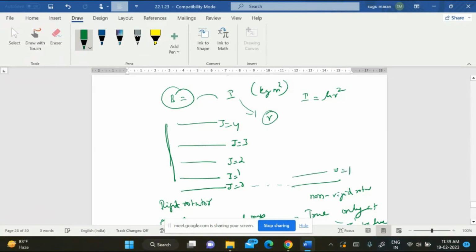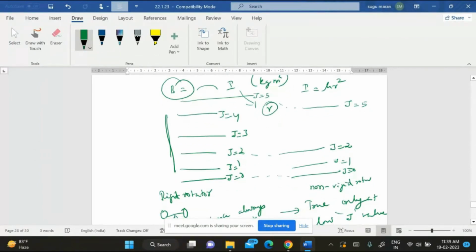But at higher rotation energy levels, such as J equal to 5 or 6, there is a big difference between assuming a non-rigid rotator and a rigid rotator.